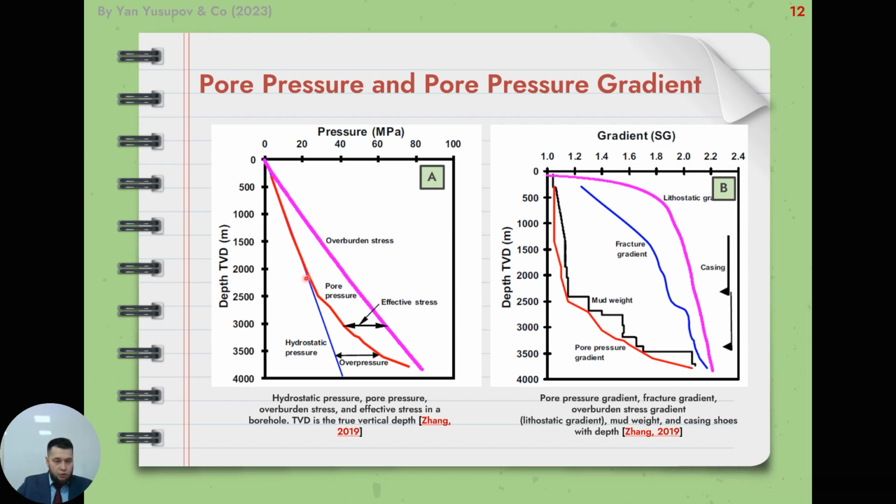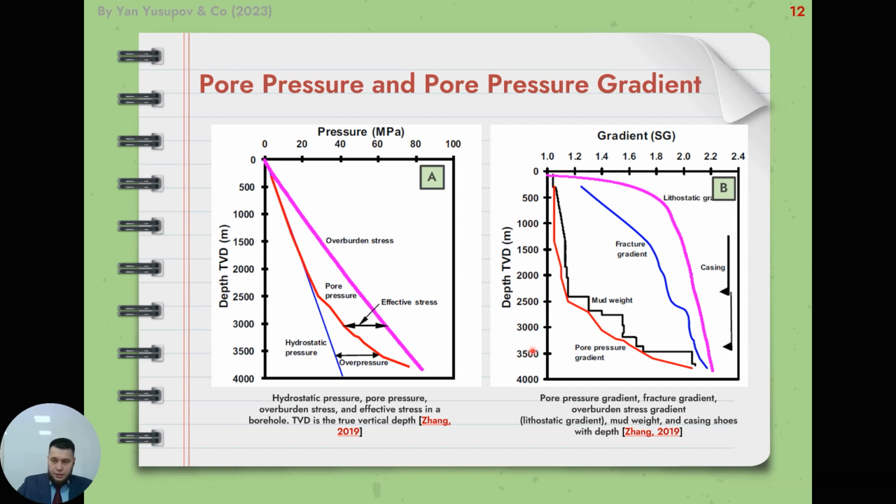Deeper than 2 km the overpressure starts, and overpressure increases with depth very rapidly, yeah? Implying that the deeper formation is hydraulically isolated, as in the previous case. By 4 km, the pore pressure reaches a value close to the overburden stress, a condition referred to as hard overpressure.